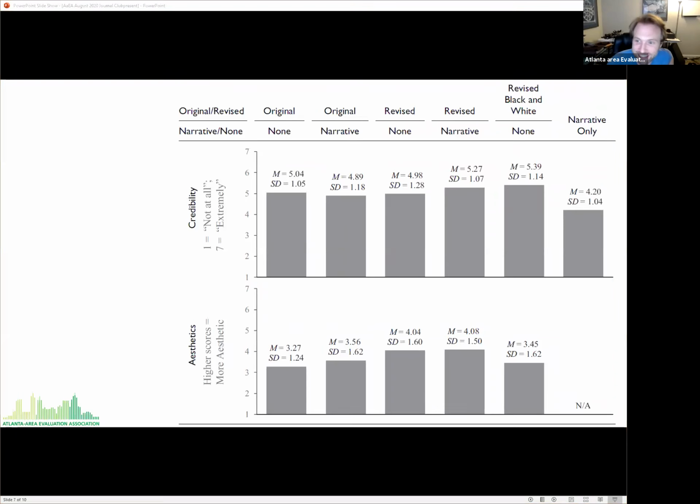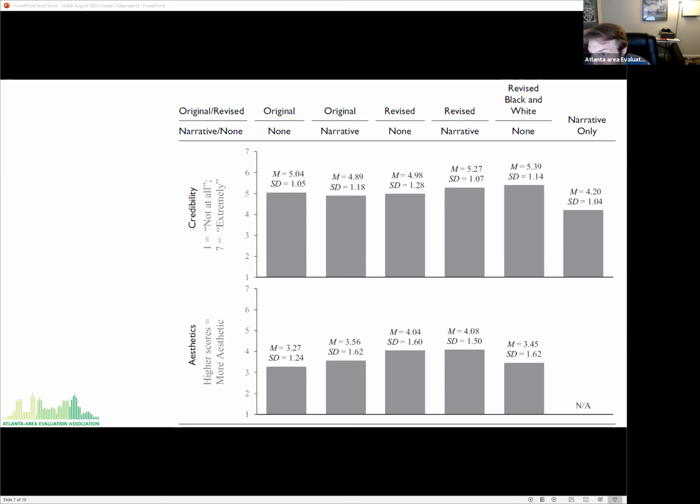The credibility and aesthetics. So once again, both Likert scale items, looking at how credible the participants felt they were. There was a significant difference in credibility between all those. I mean, just from a practical standpoint, and if I would guess based on the ANOVA, that difference comes in the lack of credibility with the narrative only.